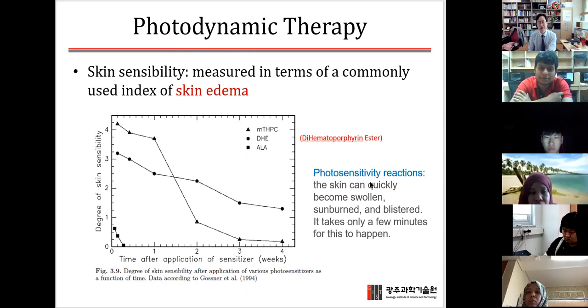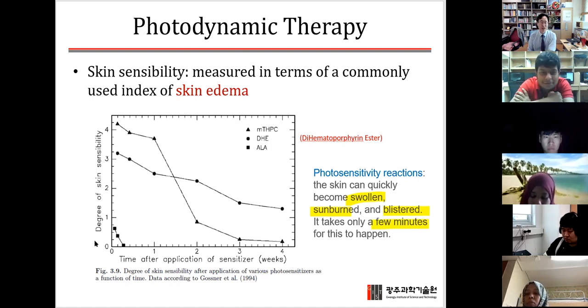So when the photosensitizers are in the skin, and then if that is exposed to the light, the skin can easily be swollen, or it can be sunburned, or even blistered. And all of this process can happen in a few minutes, which will be terrible, right?